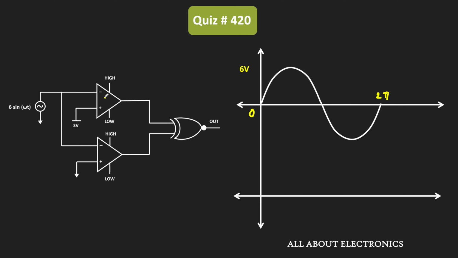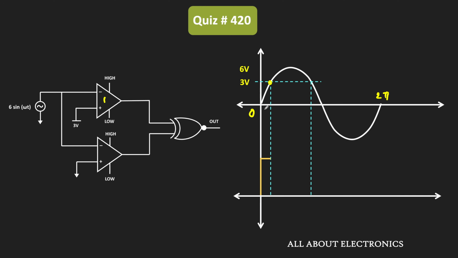In the first comparator, the input is applied at the inverting terminal and the non-inverting terminal is at 3 volt. So until the input signal reaches 3 volt, the output of the comparator will remain high.